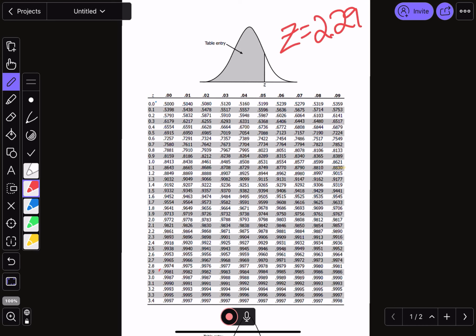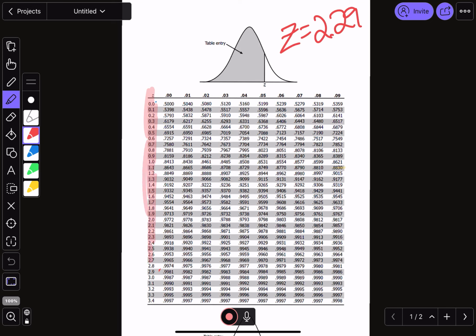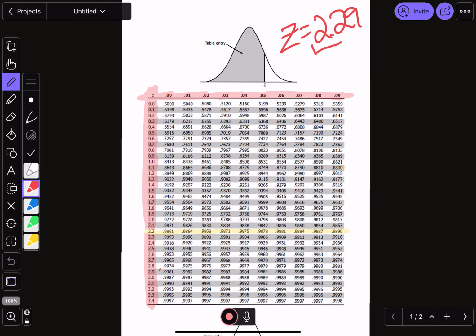Okay, now you are going to look at the left-hand side first, and you're going to find your 2.2. So 2.2 is here. All right, and then you're going to look on the top for your second decimal place. Your second decimal place is 0.09, because we already found these two.